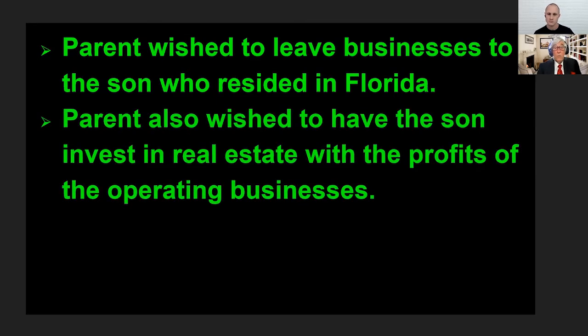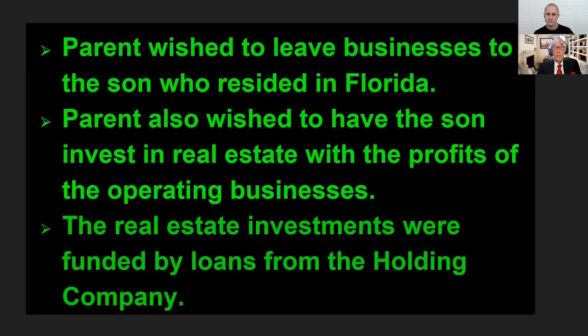And she also wished the son, while she was living, to use the profits from the operating businesses to invest in real estate. So we had to form a holding company for the 3 operating businesses.